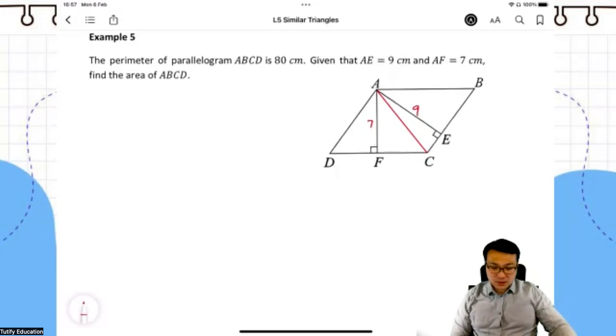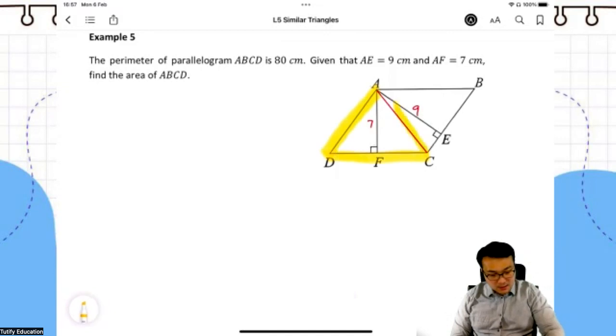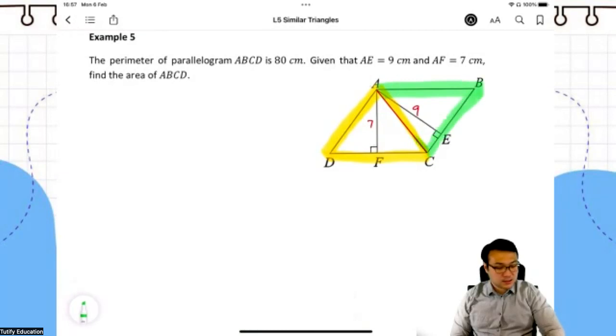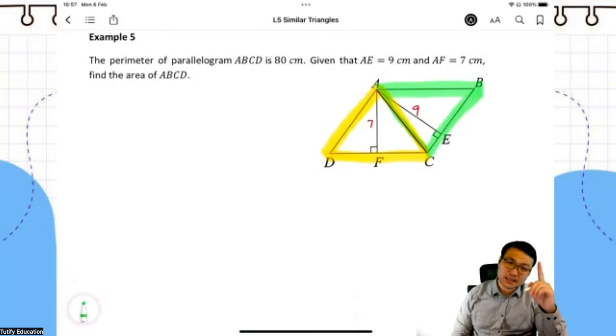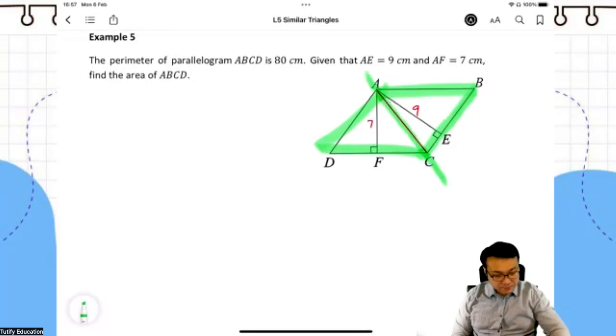If we were to look at the triangle ADC and the triangle ABC, don't you think that what we have just done, when we drew that line to slice the diagram, is actually cut the diagram into half, yes? We have actually sliced the entire parallelogram into half.